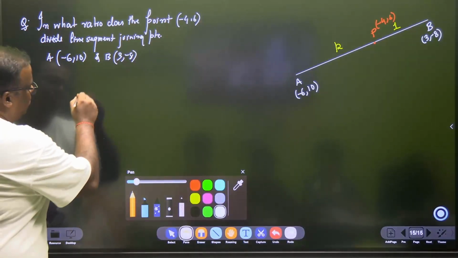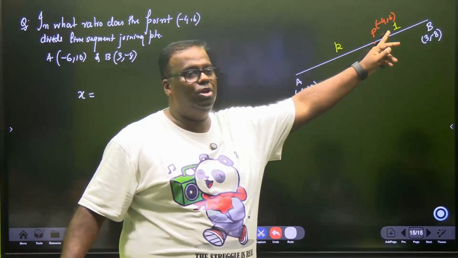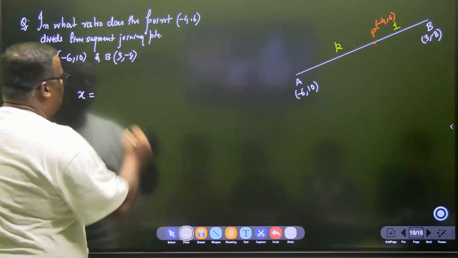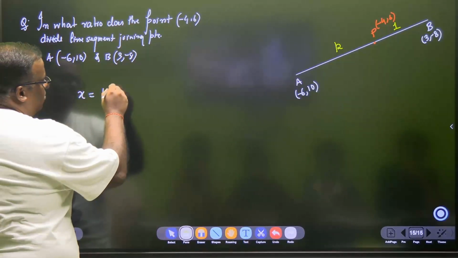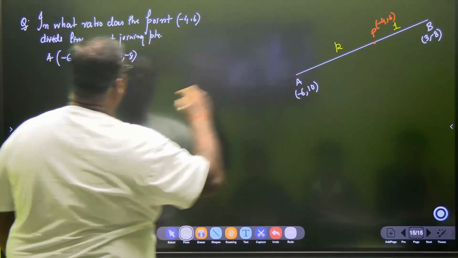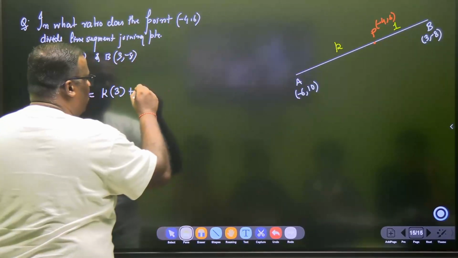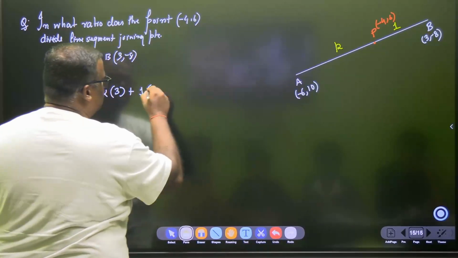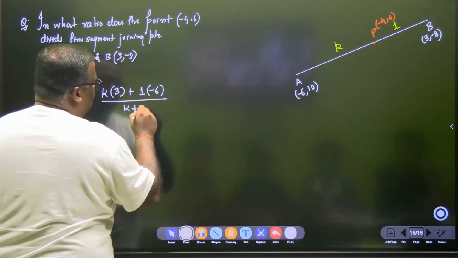So can you tell me what the x coordinate of this point P is? Let's go by our formula. This side's ratio k multiplied by that side's x, 3, plus that side's ratio 1 multiplied by this side's -6, divided by k plus 1.